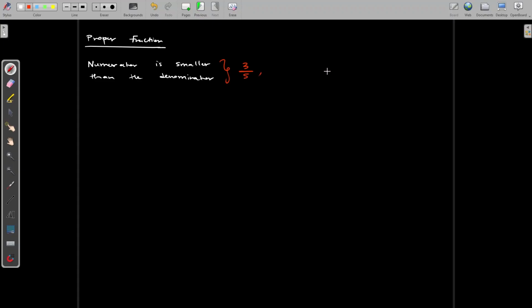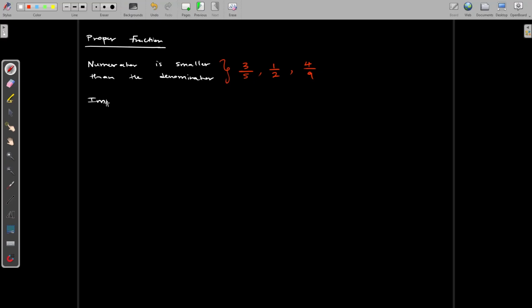Which other one? 1/2. And let's say 4/9. So all of these would be proper fractions because the numerator is smaller than the denominator.